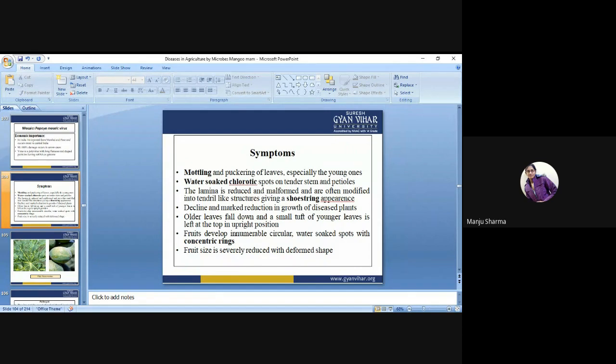Then decline and marked reduction in growth of diseased plants. The older leaves fall down and a small tuft of younger leaves is left at the top in an upright position.